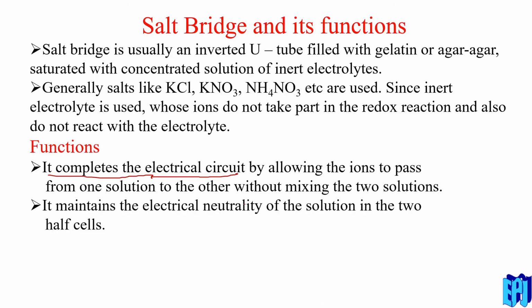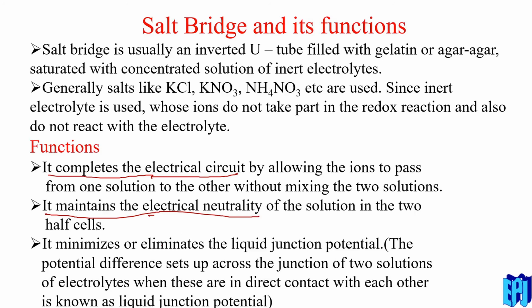The second point is that it maintains electrical neutrality. The third point is that it eliminates the liquid junction potential. The potential difference between the junctions of two electrolyte solutions when they are in direct contact with each other is known as the liquid junction potential.